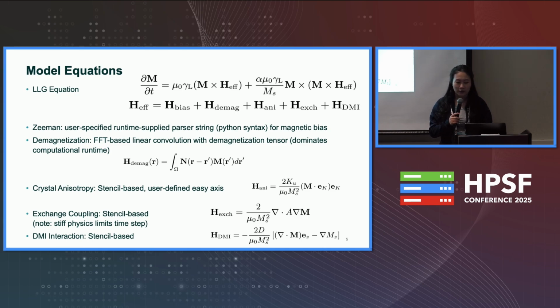But still, FFT could be much slower than other stencil calculations, like the anisotropy, exchange, and DMI, which are described by these stencil calculations here. So those three terms plus the Zeeman or the bias are pretty fast in terms of the stencil calculation, but the FFT for the demagnetization could be quite slow.